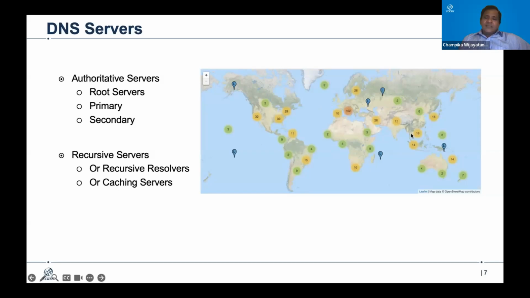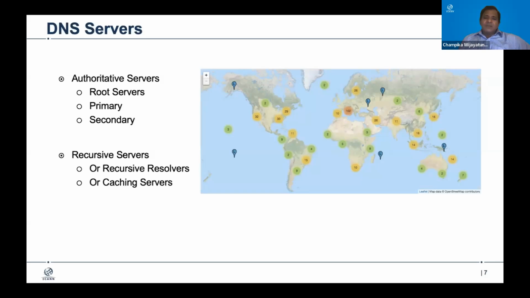Now, this is just a diagram you see here, this is actually the root servers that we have in different places globally, right? Root servers, they are located in different places, mainly for redundancy purposes, security purposes, and stability purposes, resiliency purposes, right?